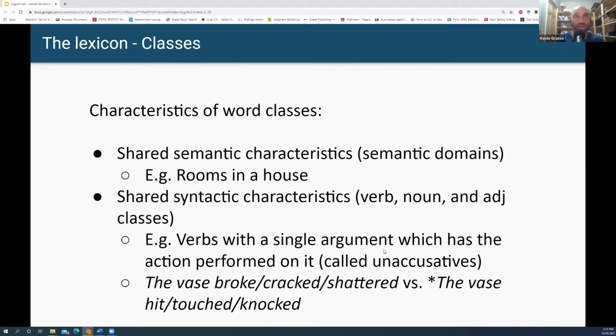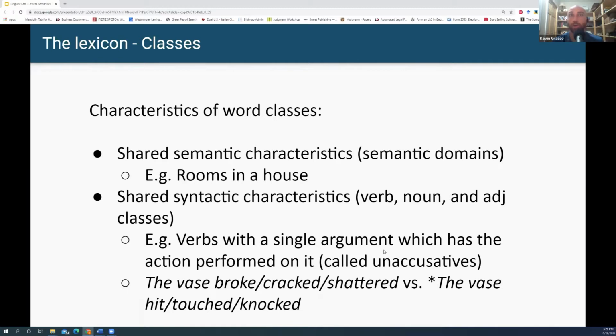And then we have word classes. So word classes, you can do this in a lot of different ways. What's quite popular is to do it with semantic domain. So to take a group of words, right, and say, okay, let's talk about all the rooms in a house, and just say, this is a class of words, and that can be helpful in certain ways.